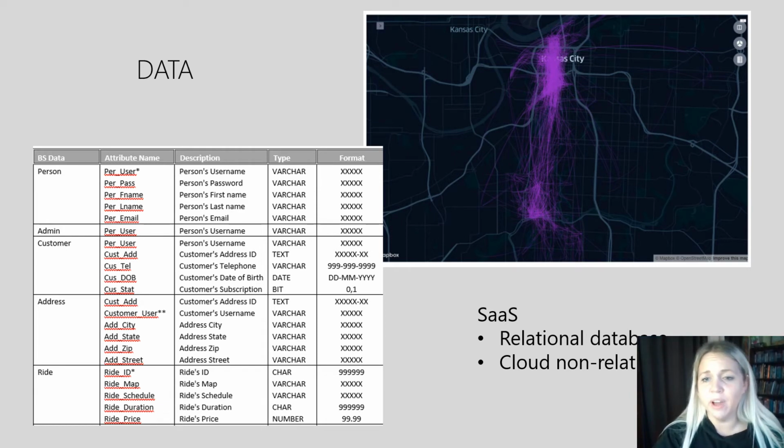As part of data too, in non-relational, I did include some of the geospatial maps that they use in Kansas City to look at how often and when the busy peak times are that the bikes are being used. Why this is beneficial is when you think about a place like Kansas City and the weather, there are certain time frames that might not be as popular.